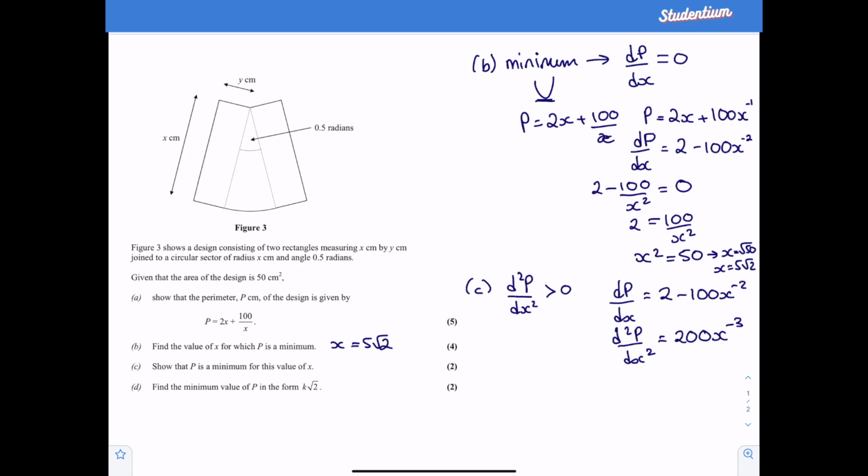So here then, what we have is a value which we can rewrite if we wanted to as 200 over x cubed. But we know that we are looking at what it is equal to when x equals 5 root 2. And if you were to substitute that into this, we know even before we substitute it in that we're going to get a positive value for this. Therefore, it's a minimum.